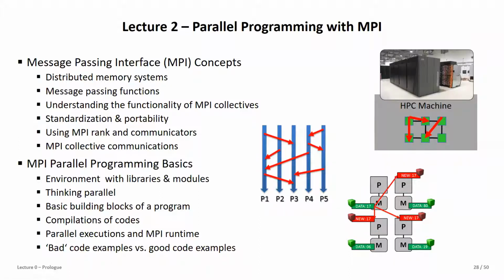We will understand MPI ranks. We will have a rough understanding of communicators, which we will then cover in depth in other lectures coming after it. So it really will establish the basics of what MPI is and how you can use it for parallel programming.